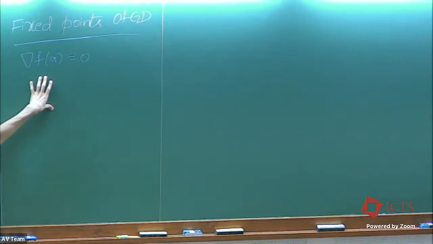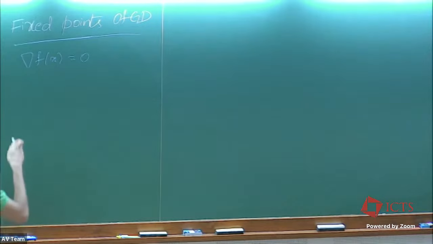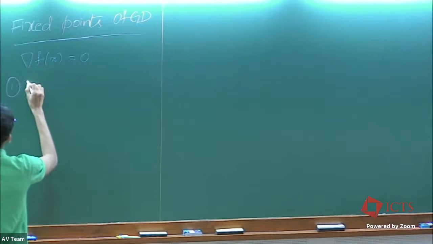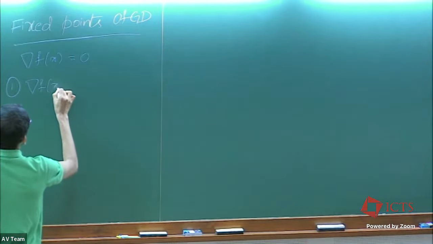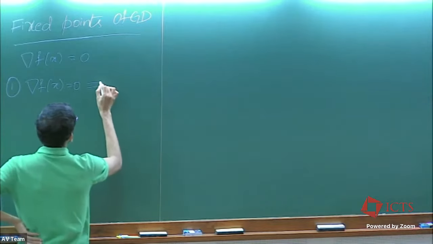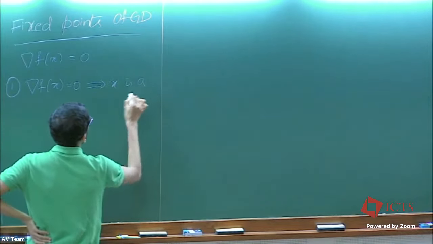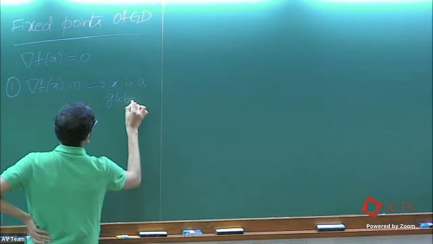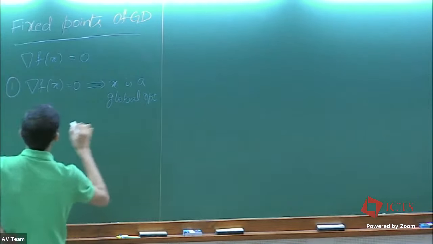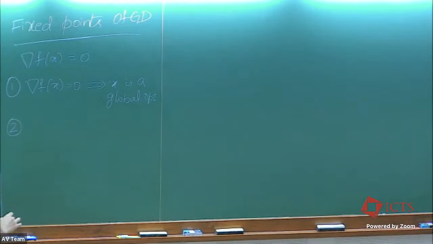So if you want gradient descent to be at least asymptotically optimal, meaning that all fixed points are actually global optima of the function we wish to consider, then it has to satisfy the following property: grad f at any point x equal to 0 implies that x is a global optimum. This is when gradient descent will converge to the global optimum.